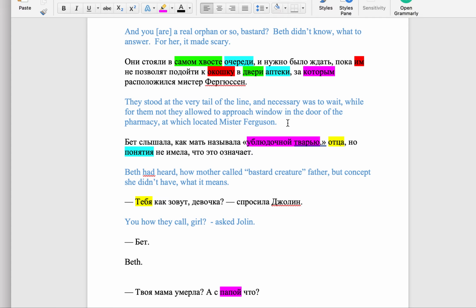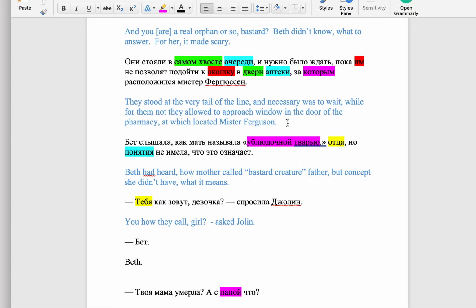За которым, okay, so за means behind or at, but it's location, and this is not location in the sense of prepositional. It's location za where they use the instrumental case. Zakatorim, that's why that's in the instrumental case. So after which was located Mr.